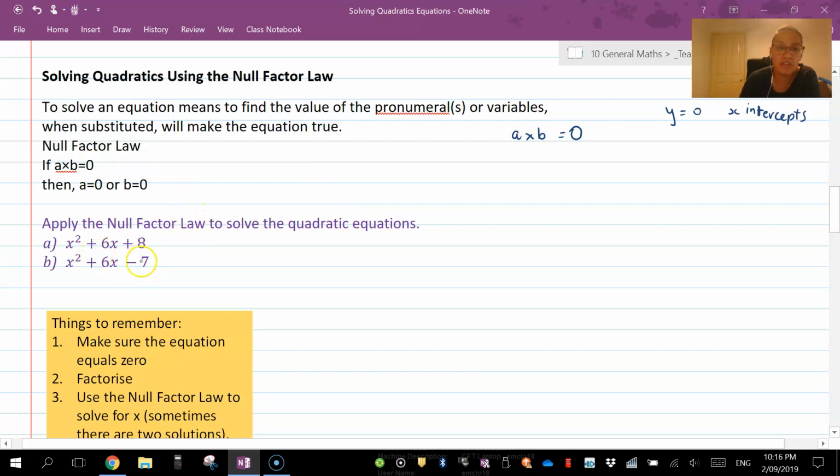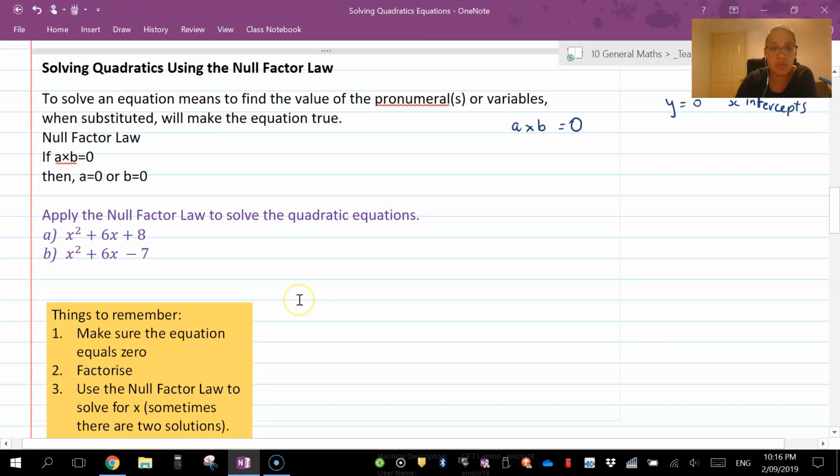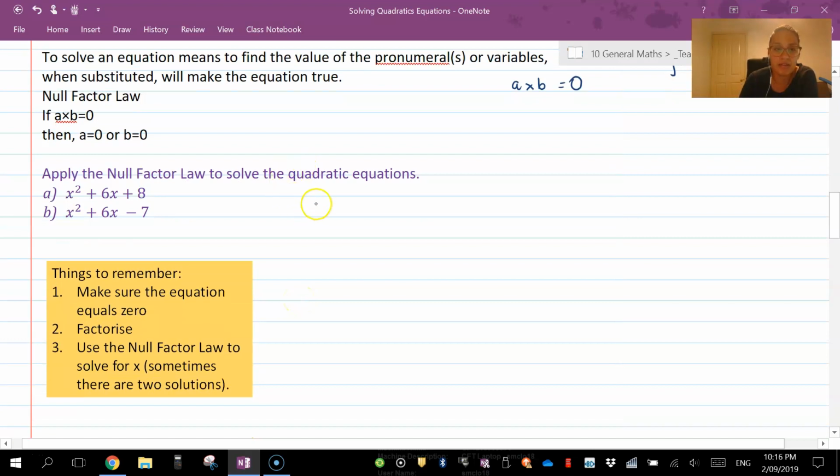I've got two here that I probably should have factorized first, so we could focus primarily on using the null factor law, but I'll factorize them for you anyway. The first thing I'm going to do is write my problem out again. I've got x squared plus 6x plus 8.